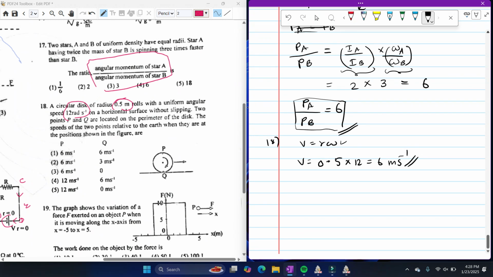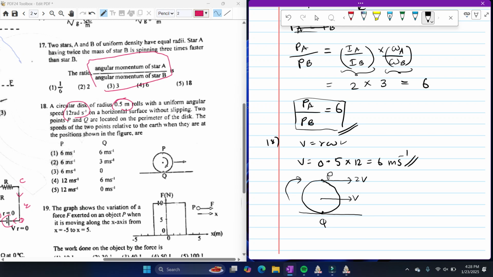A wheel rotates at v velocity relative to earth, which means that its center moves at v velocity relative to the earth. If we take the velocity of the wheel as 6 m/s, the velocity of P is going to be 12 and the velocity of Q is 0. Once the wheel is like this, we'll name this point Q and this point P. This rotates like this, and this has a velocity of 2v, this has a velocity of v.